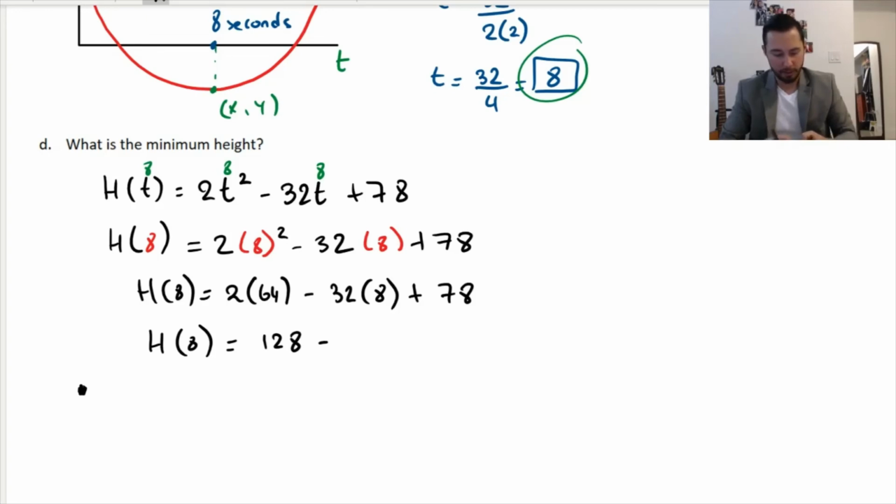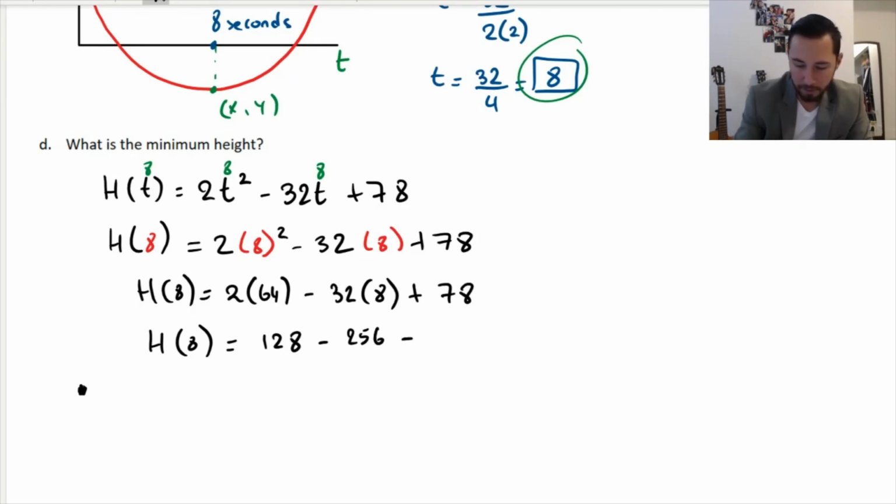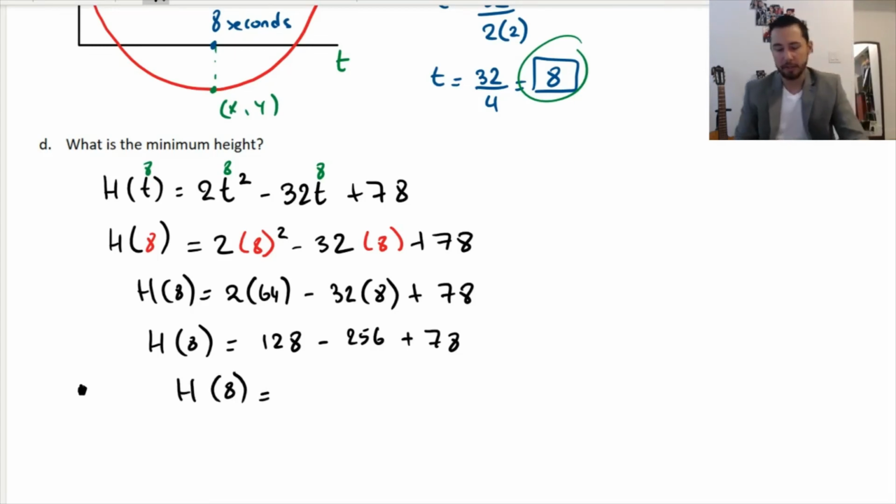Let's grab a calculator. 32 times 8, yeah, 256, plus 78. I put all of that in the calculator, so the height at 8 seconds is going to be, I believe, 50 something maybe. So 128 minus 256 plus 78.